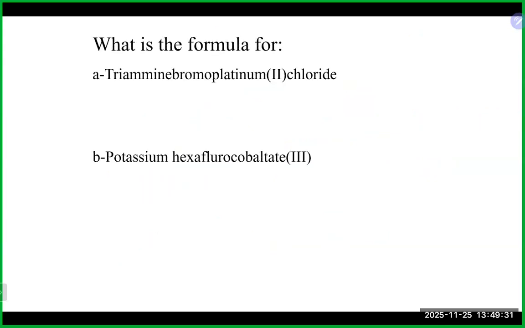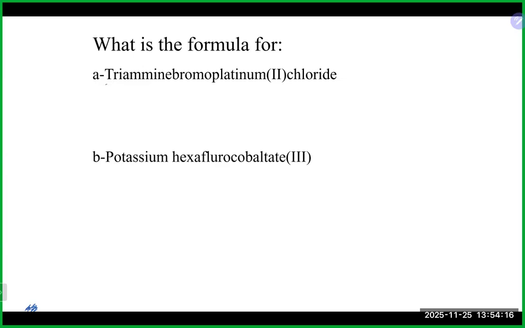All right, and a couple more formulas here to finish this little section out. Okay, let's take a look. Here, we're just going to dissect a name.